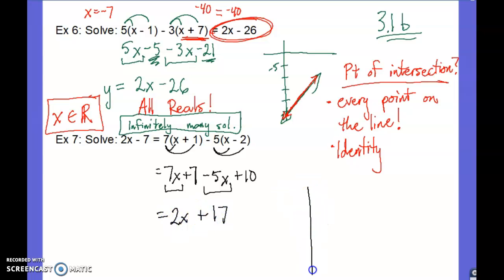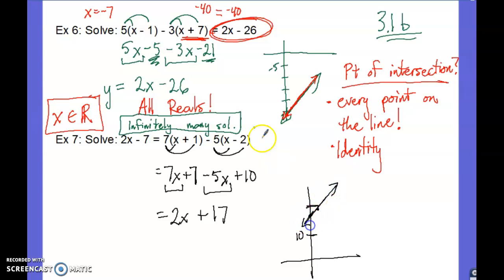So if I went to the graph of that, again, remember I like some sort of labels, and I'll be really lame and just count by tens. 10, 20. So you have 17, so y-intercept 17, goes up 2 over 1, up 2 over 1. So our graph looks something like this.